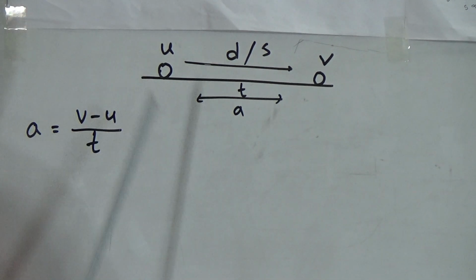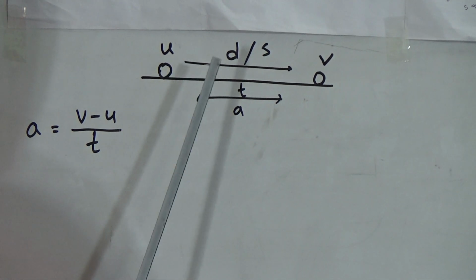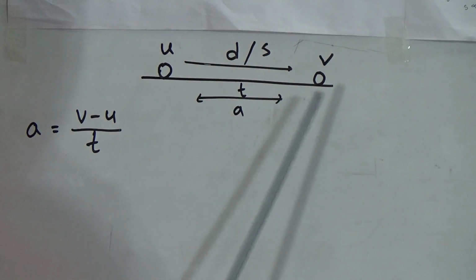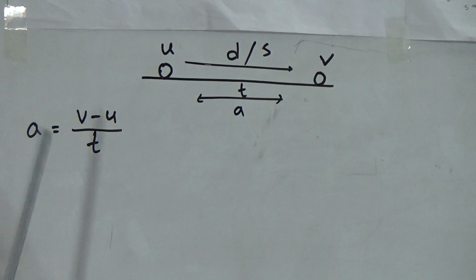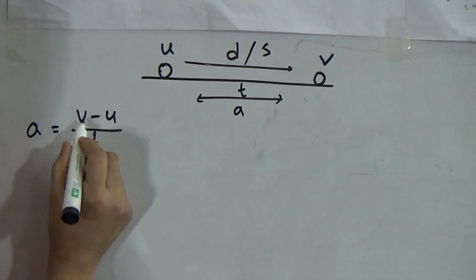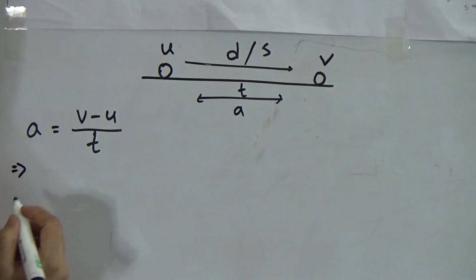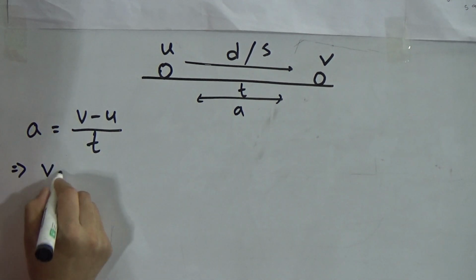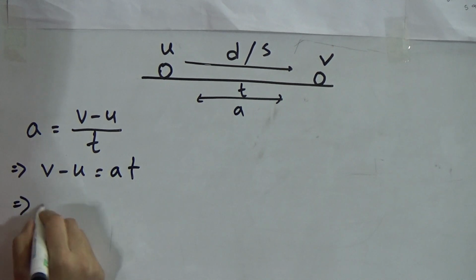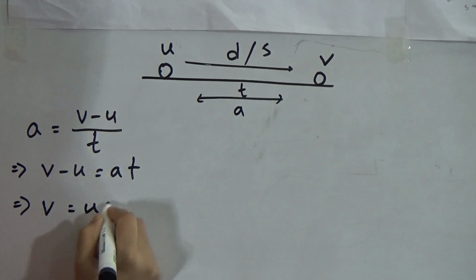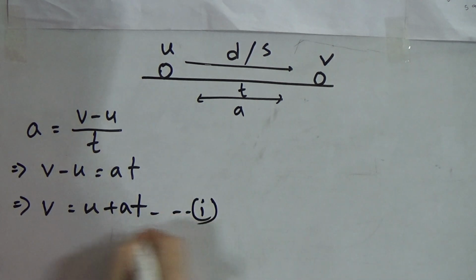My dear students, I am repeating, if the initial velocity of an object is u and after time t the velocity becomes v, then the acceleration a will be a equals (v minus u) divided by t. Now we can write v minus u equals at, that means v equals u plus at. This is equation number 1.